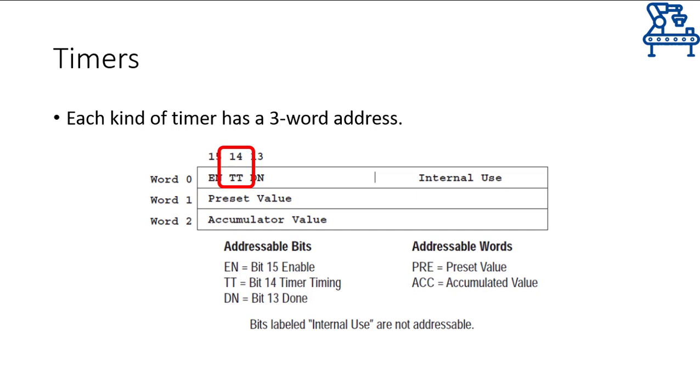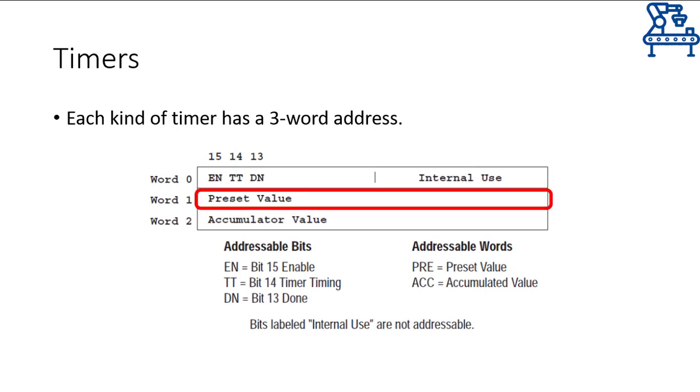So, if the timer is enabled and the timer hasn't finished timing, this bit will be true or 1. However, if the timing has been completed, this bit will go false and the next bit, that is bit 13, will become true. Bit 13 shows whether the timing has been done or not. All other bits of word 0 are not available for use.